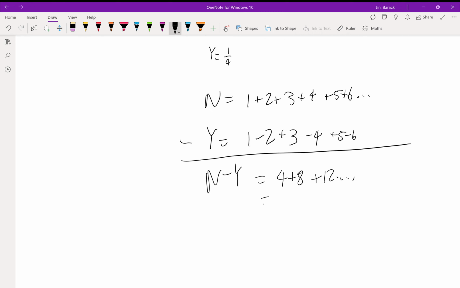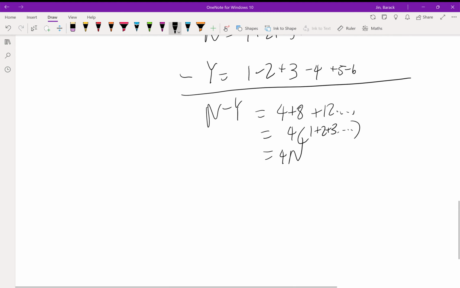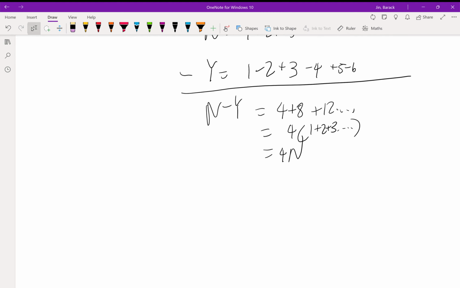And this equals 4 times (1 plus 2 plus 3, and so on), equals 4n. And now comes the fireworks. Minus 3n equals y. n equals minus 1 over 12.